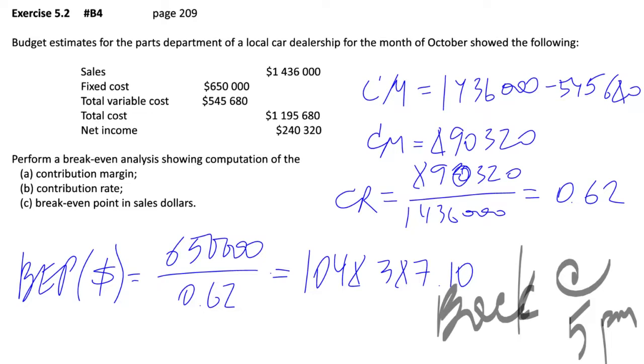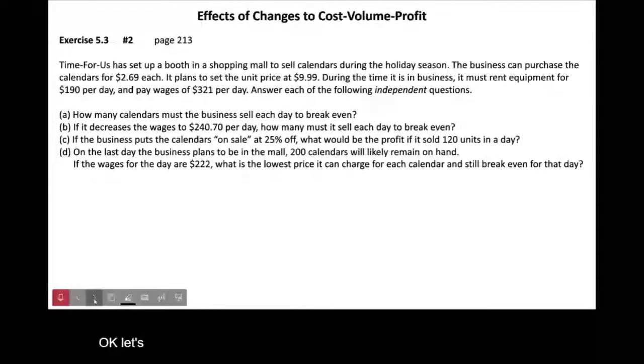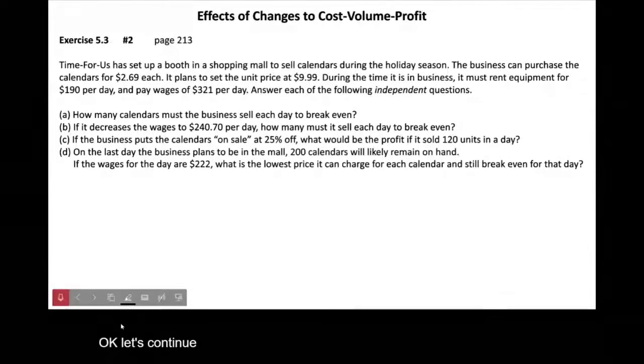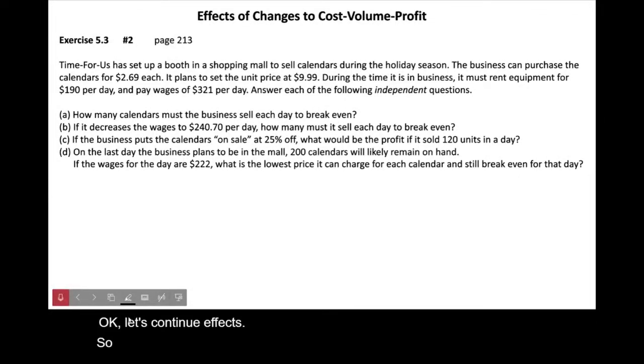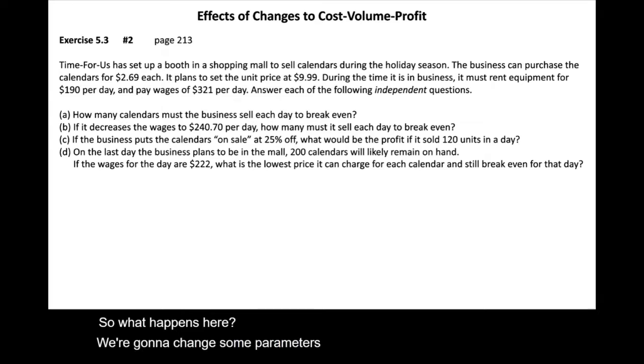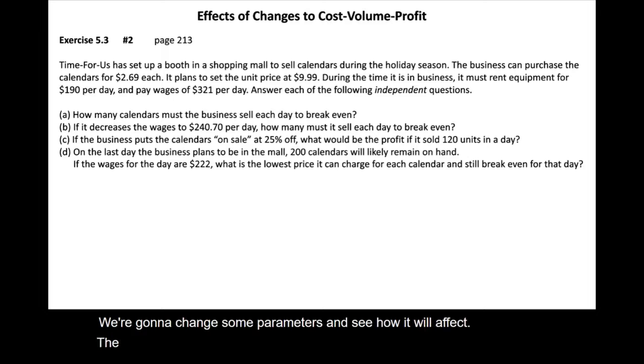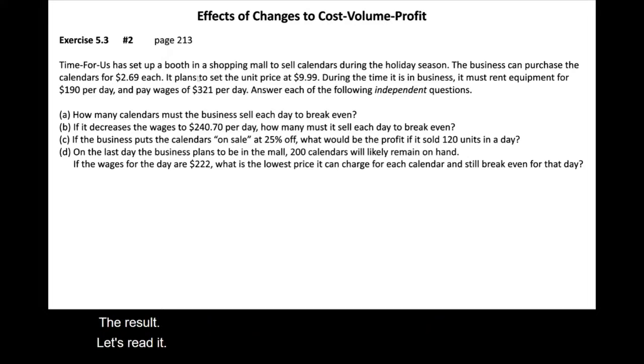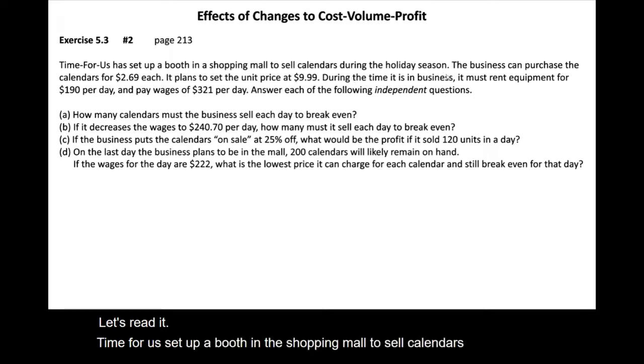Okay, guys, break is over. Let's continue. Effects. What happens here is we're going to change some parameters and see how it will affect the result. Let's read it. Time for Us has set up a booth in the shopping mall to sell calendars during the holiday season.